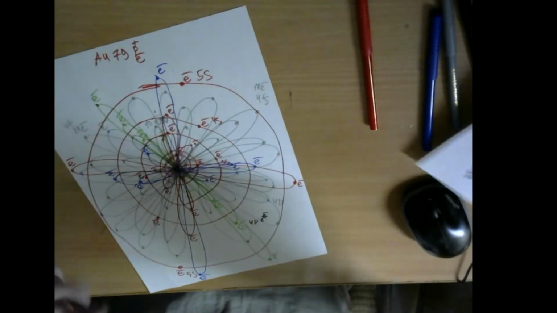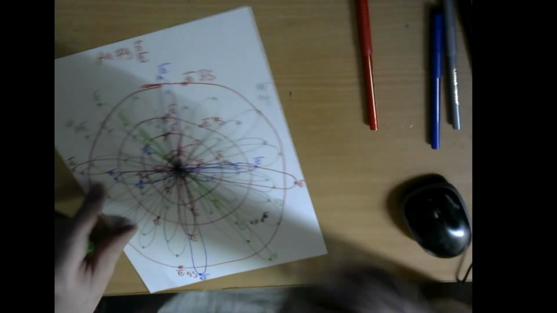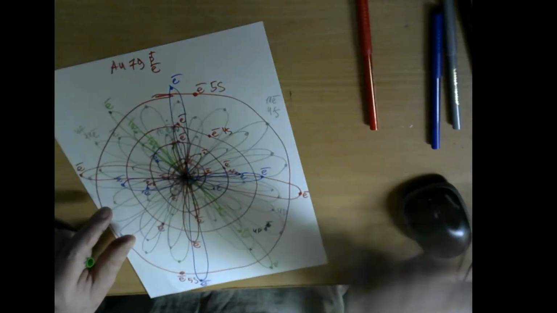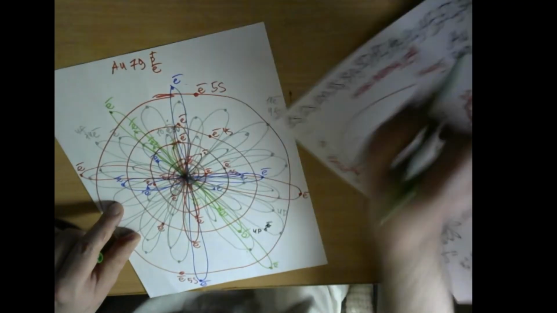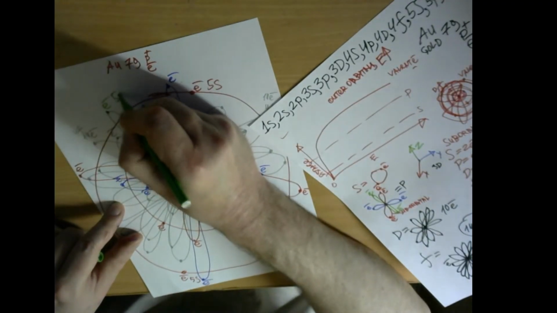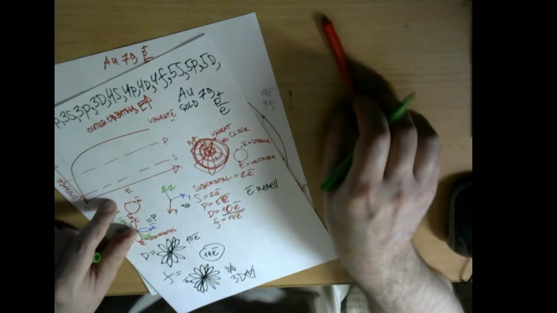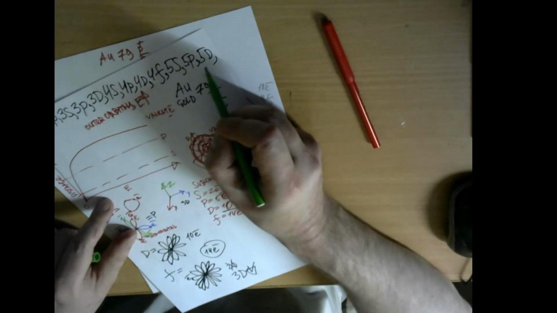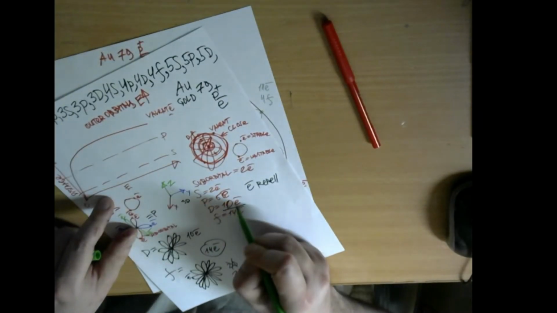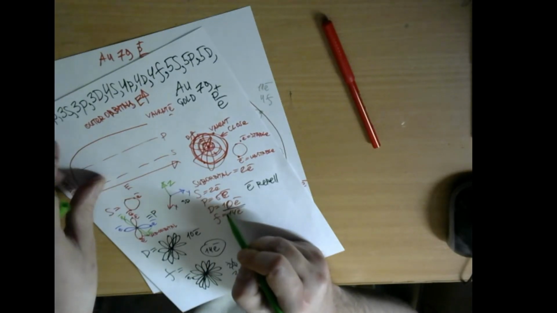We got it. Now, this would be 5p orbital. Okay, now for gold, we have just one last orbital left, which is 5d. And 5d is 10 electrons.